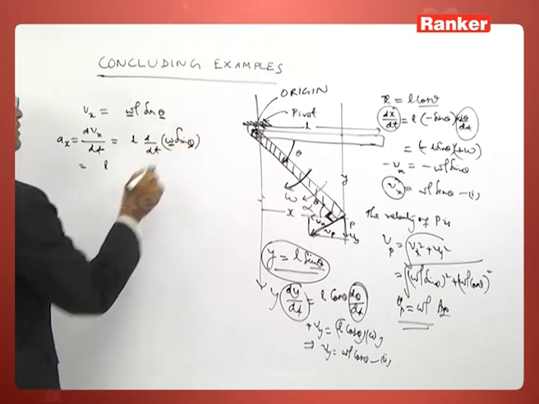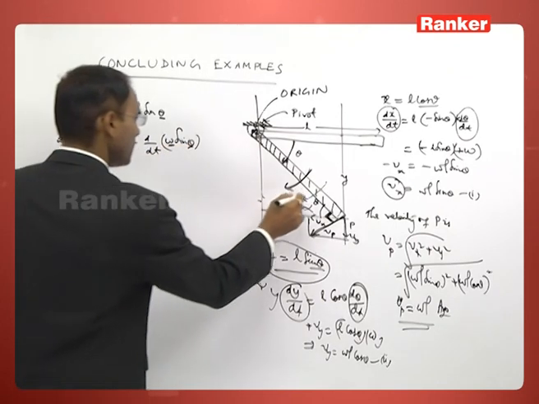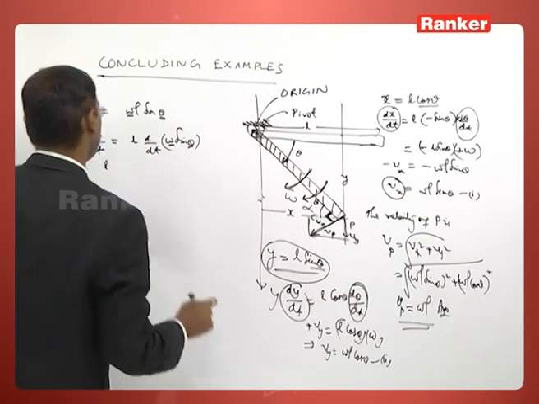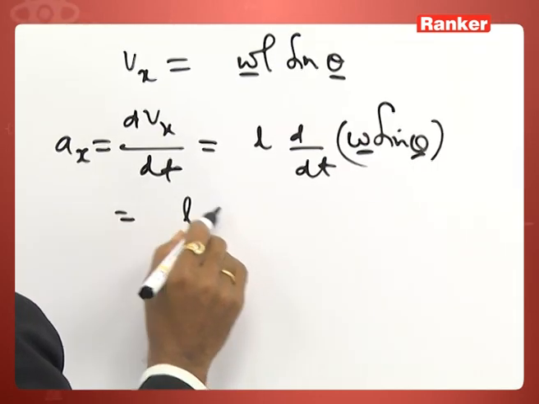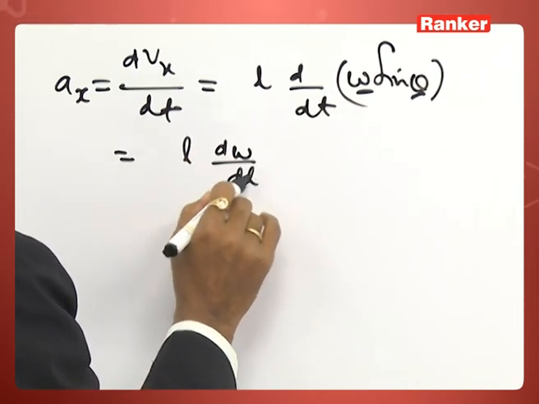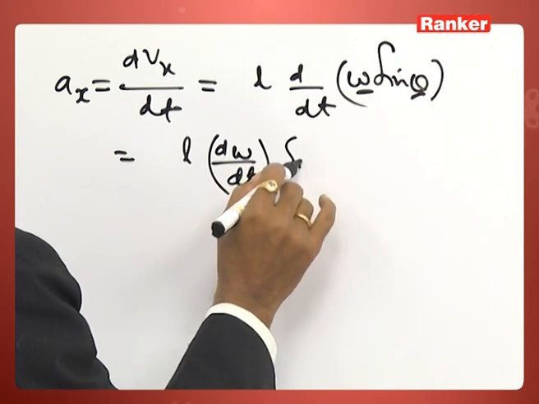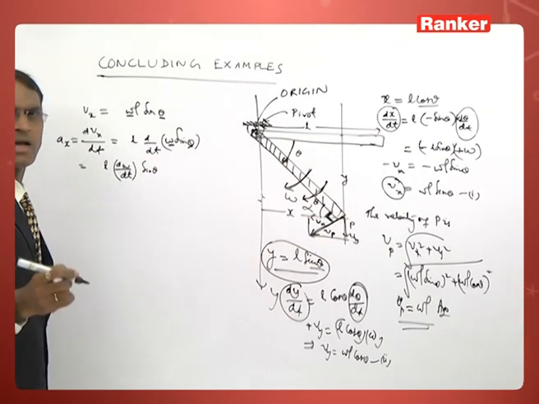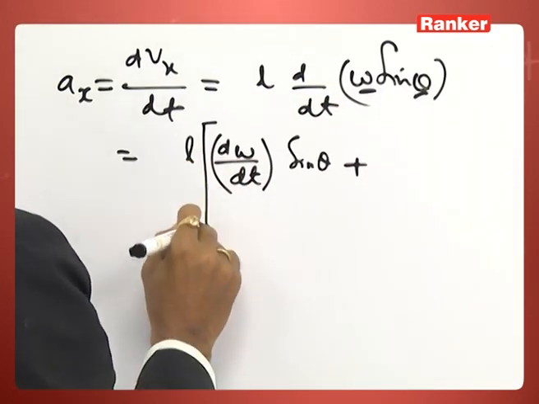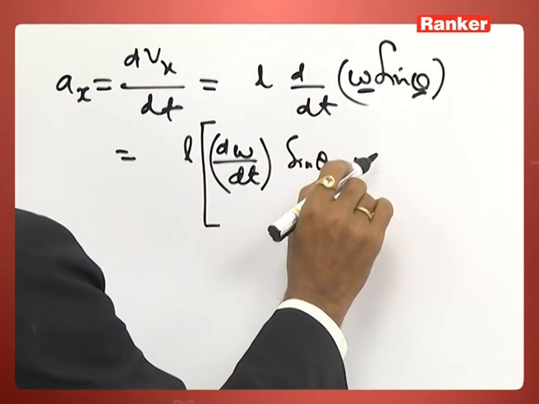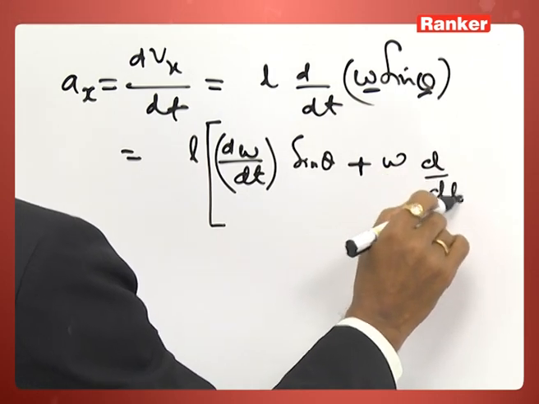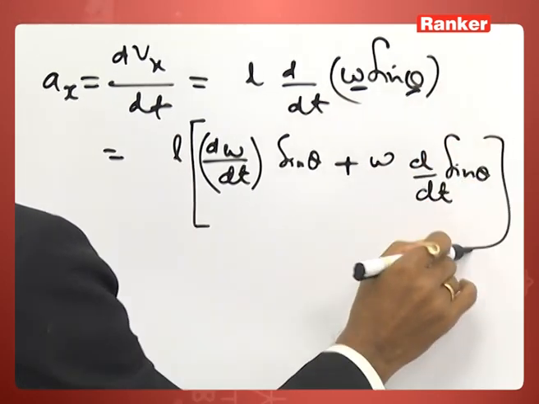Here omega is variable, theta also is variable, because d omega by dt is alpha, alpha is given in the same direction of omega. L, you take omega out, or you just differentiate omega with respect to time and take sin theta out, plus, now you take omega out and differentiate sin theta with respect to time.